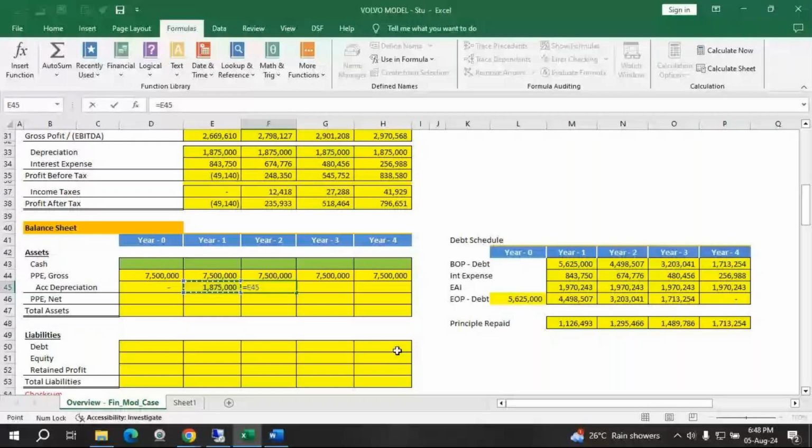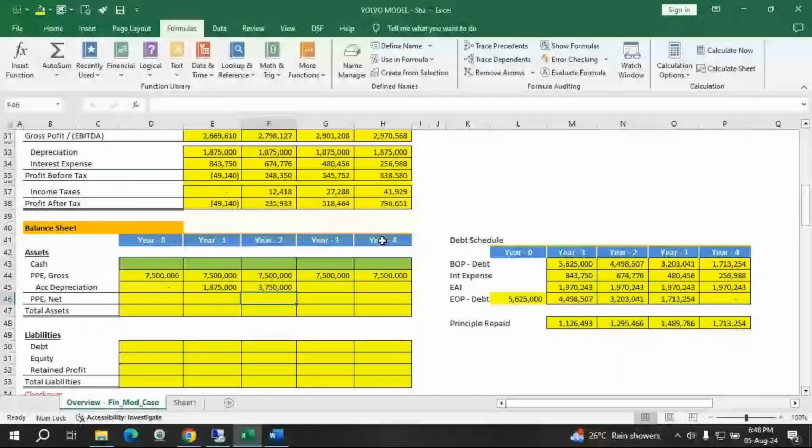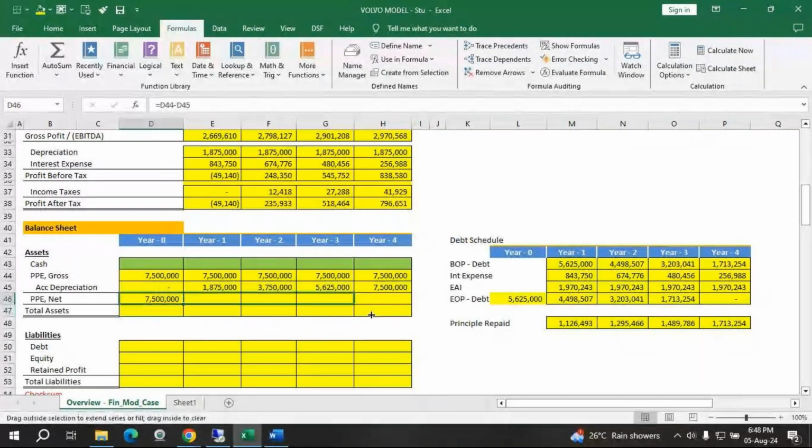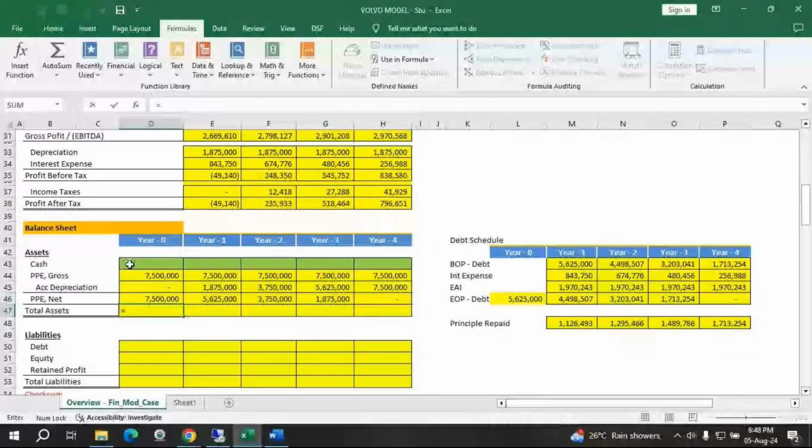So I'll come here and drag it. So it is done. Now PPE net will be equals PPE gross minus the depreciation. Total asset will be equals the cash amount plus the PPE net.